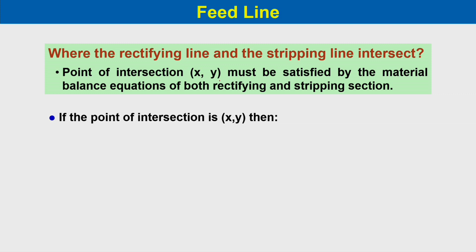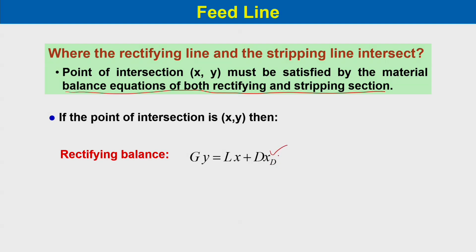So, the point of intersection (x, y) must be satisfied by the material balance equation of both rectifying and stripping section operating lines. If the point of intersection is (x, y), then for the rectifying section we can write G y would be equal to L into x plus D into xD. xD is the composition of the distillate.